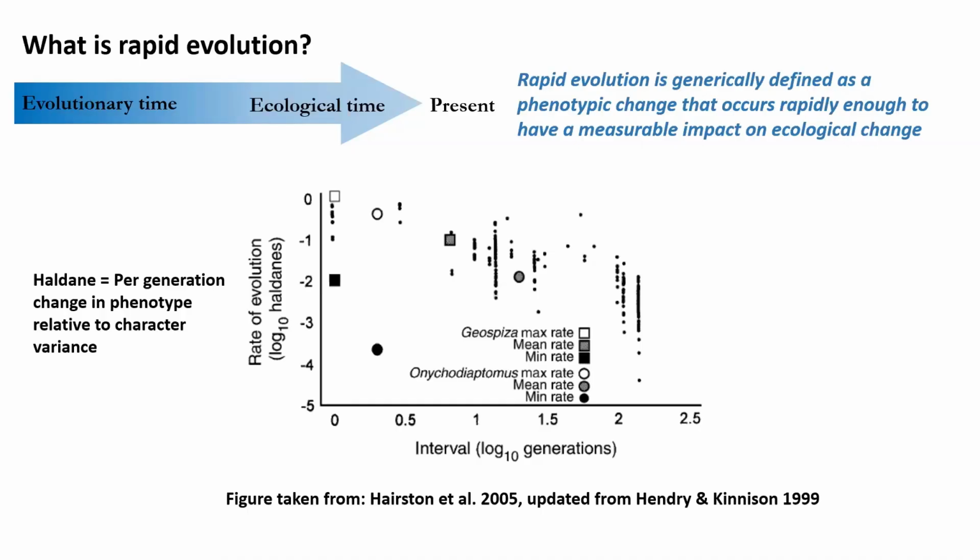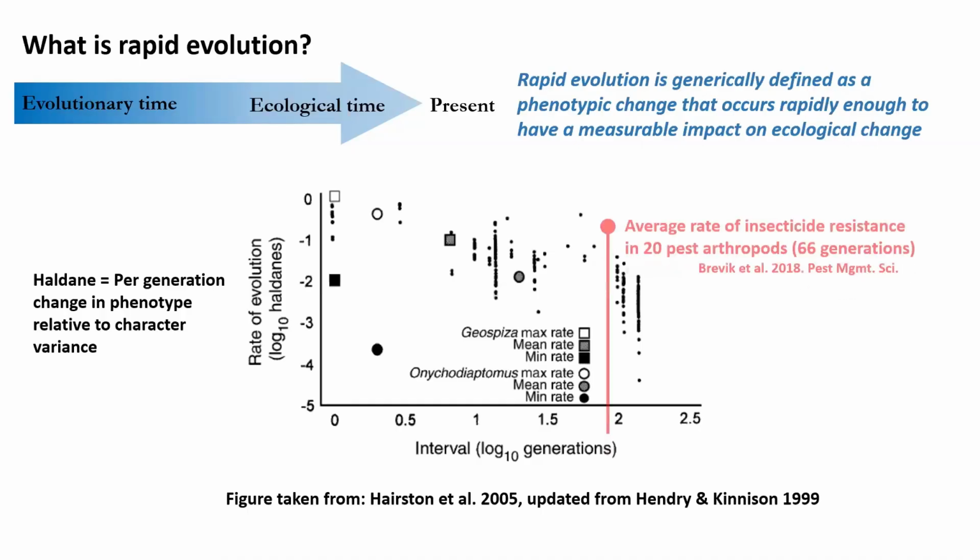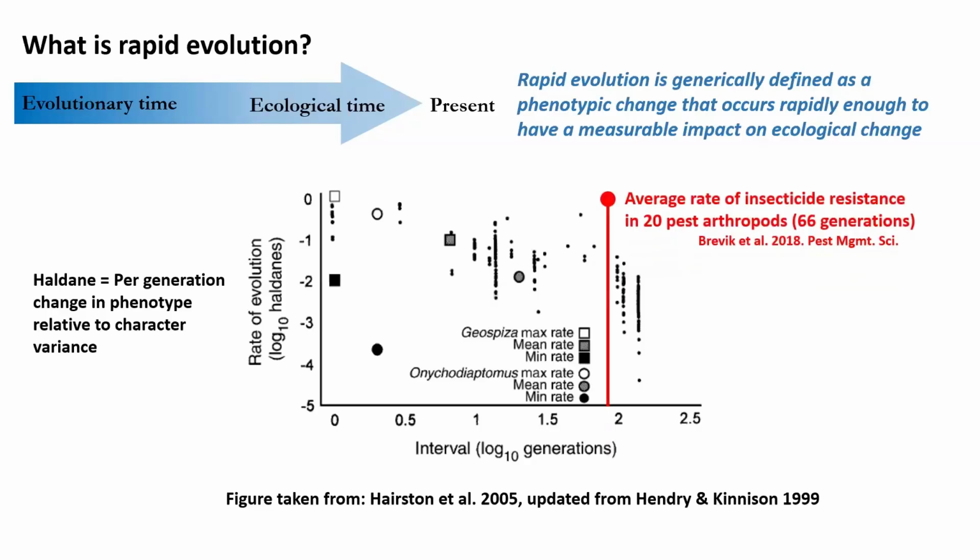So where do the potato beetles fall in this kind of plot? Well, most insects would be out here in terms of insecticide resistance. We did a survey of the reported time to first case of resistance in this paper with Christian Breivik. It's usually about 66 generations, and this is across 20 major species. So that's the average.